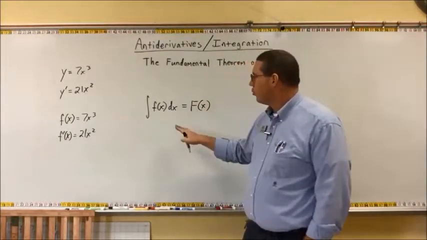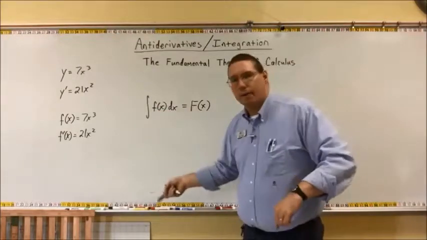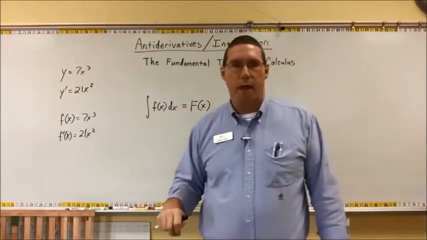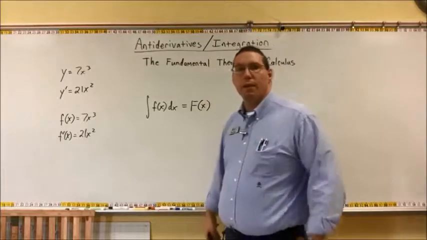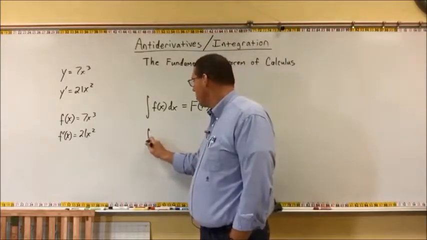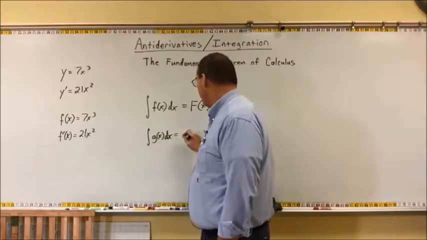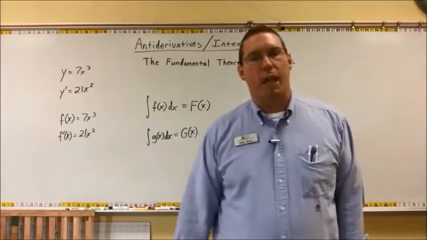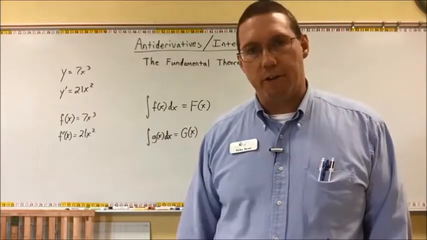So whereas the derivative of f of x would be f prime of x, the antiderivative of f of x would be capital F of x. This is a very common way of communicating within calculus. Similarly, the antiderivative of g of x is going to be called capital G of x. All we do is capitalize the letter, and then it represents the antiderivative of that function.